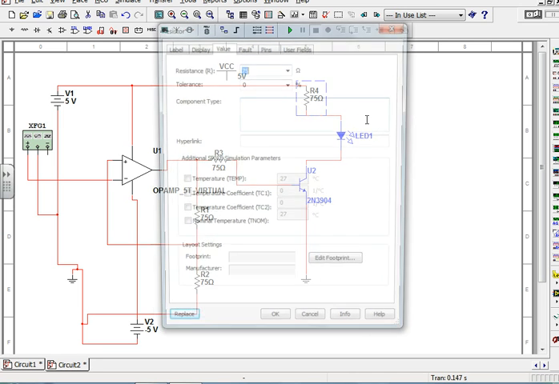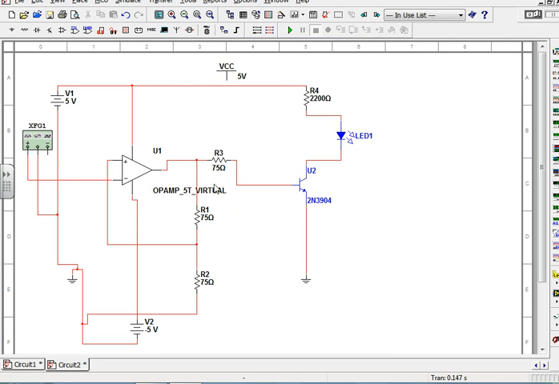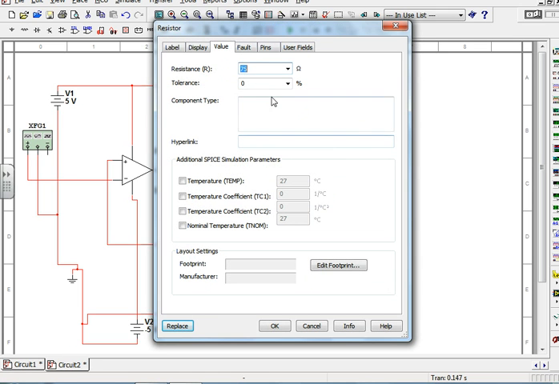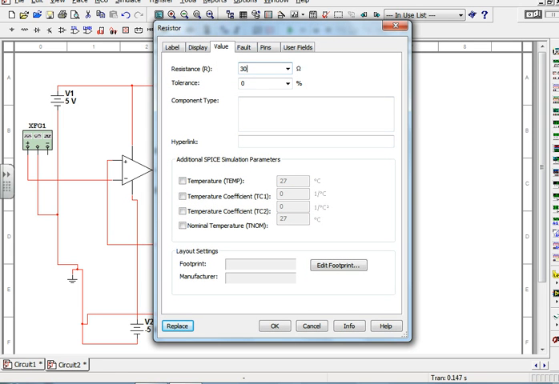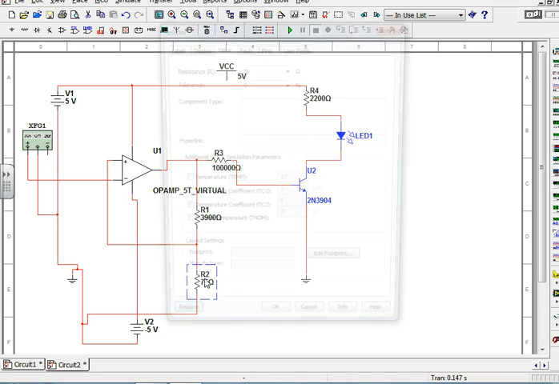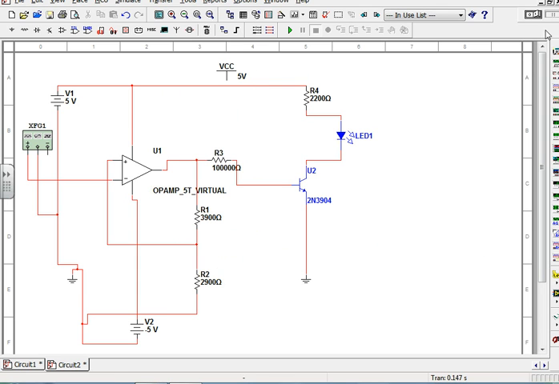So if I change this to 2.2K, and I change that to 100K, and 3.9K, and 2.9K, and I turn it on, and lo and behold, it doesn't work.